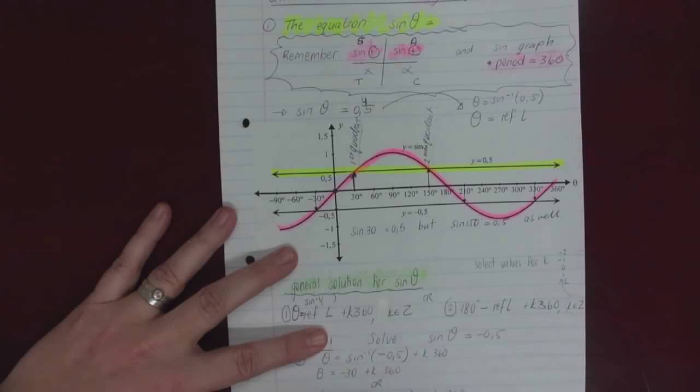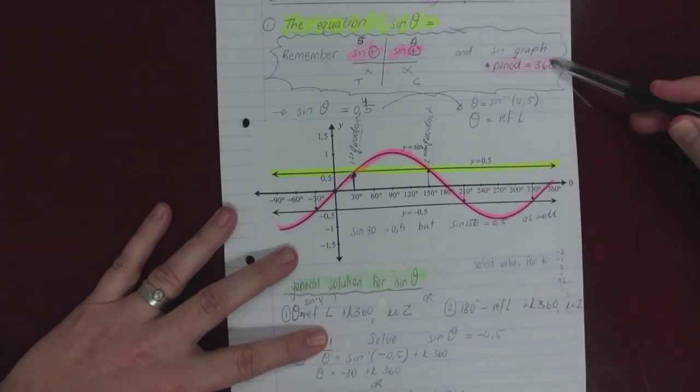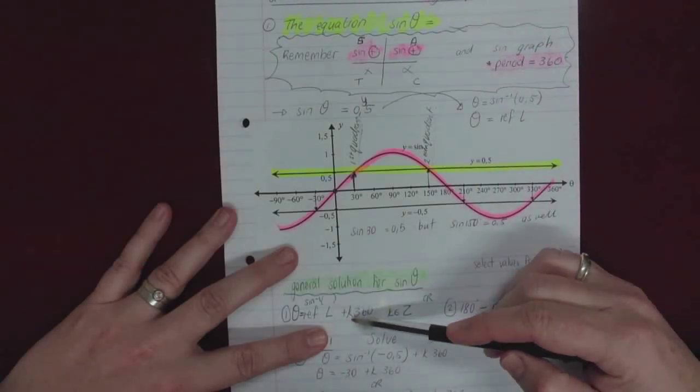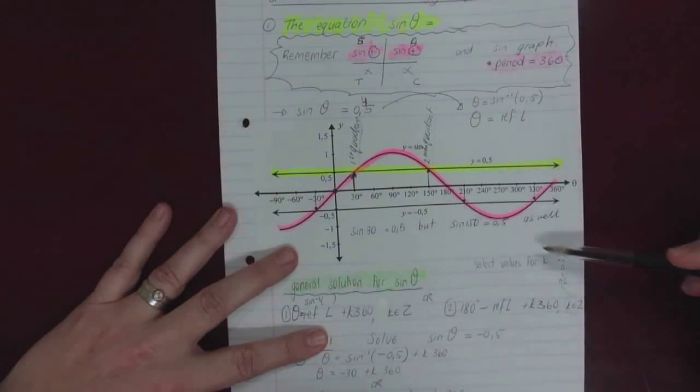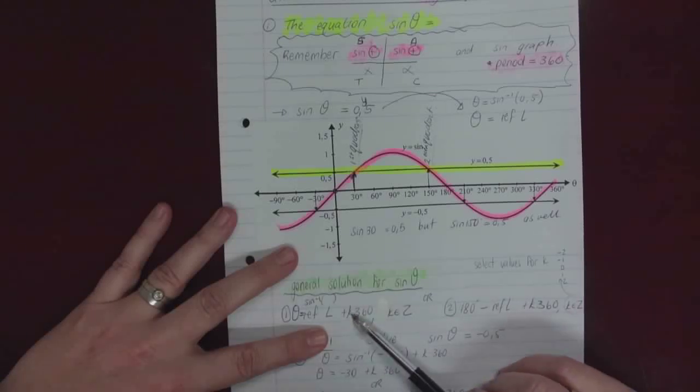Now let's talk about where that k times 360 comes from. The 360 comes from, it takes 360 degrees to complete one graph. Okay, the k value is how many do I want to complete. So we're going to look at the k later.